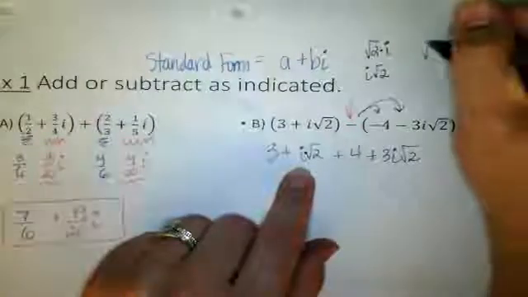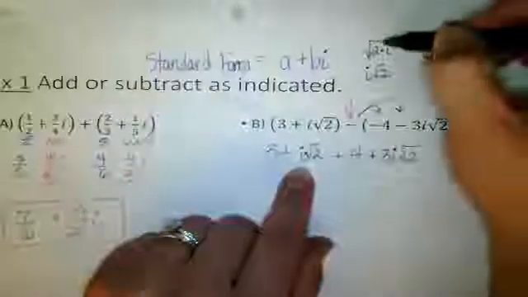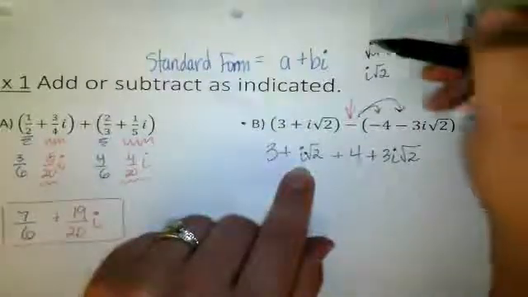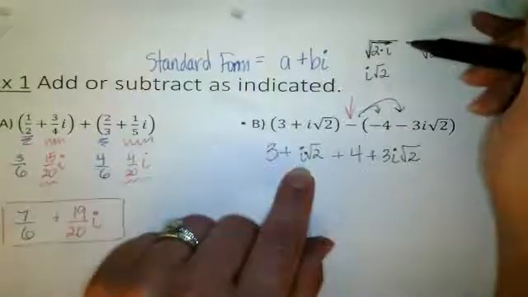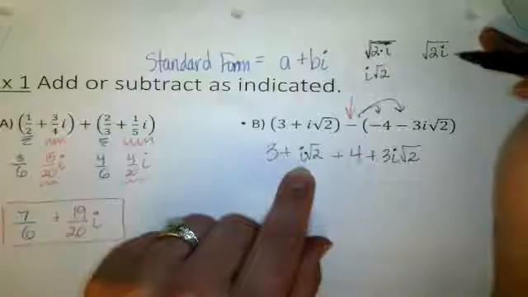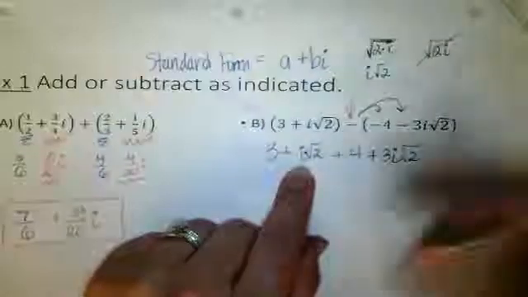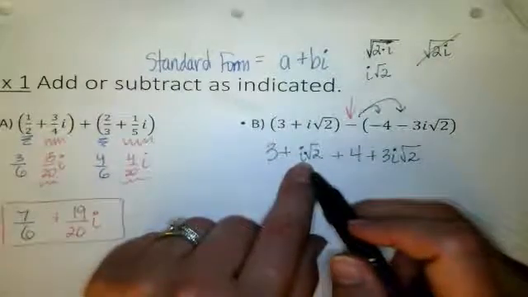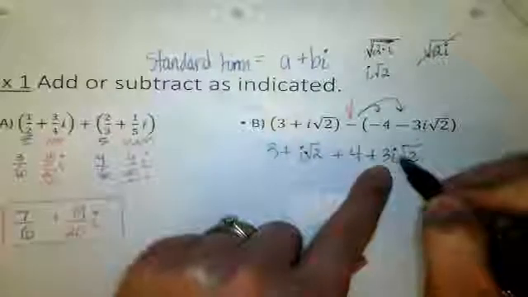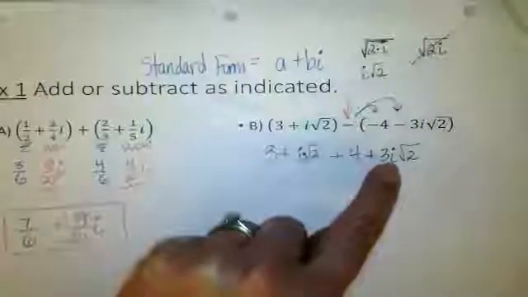For instance, I wouldn't want to write radical 2i where the i is under the radical. Usually students have pretty bad notation and they extend the radical too far. And so we can't tell, is the i under the radical? Was it a mistake? Because this is very different. So traditionally, we're going to pull the i out in front. You can see here, this is 3 times i times the radical 2. And again, that's just the traditional way we would write. Numbers first, then letters, then a radical.